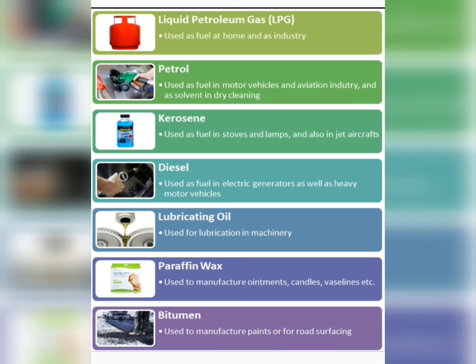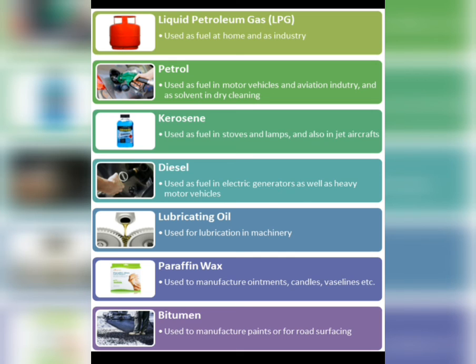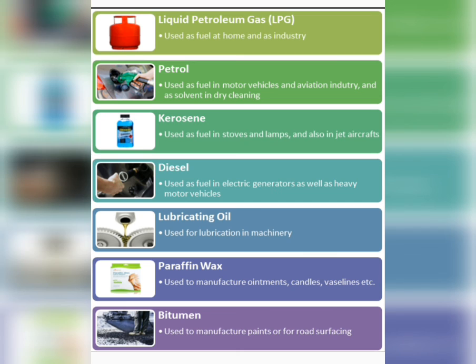So basically petroleum gas which has been liquefied under pressure is called LPG, liquefied petroleum gas. And liquefied petroleum gas mainly consists of butane, liquefied by applying pressure. Domestic gas cylinders like Indane also mainly contain butane.